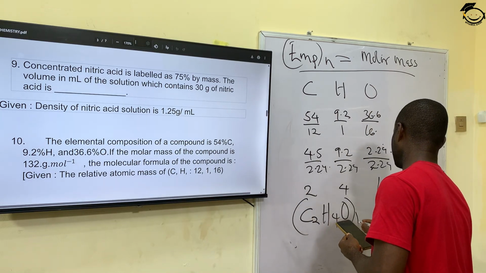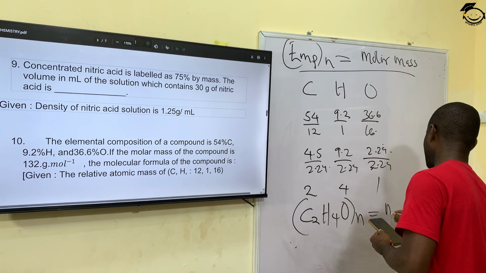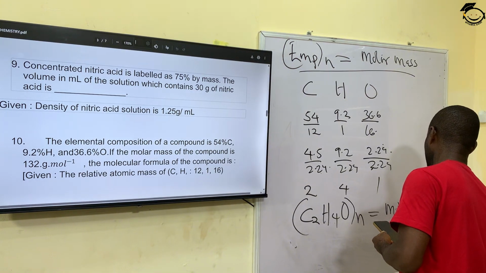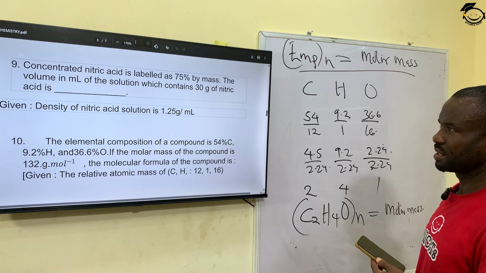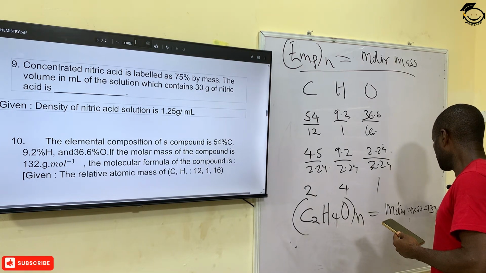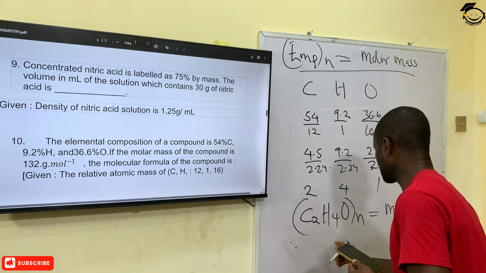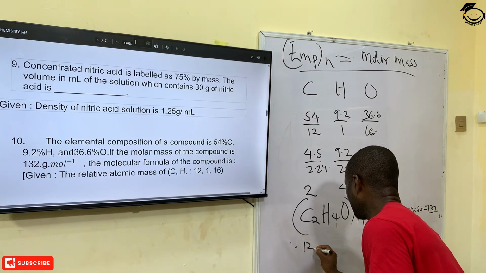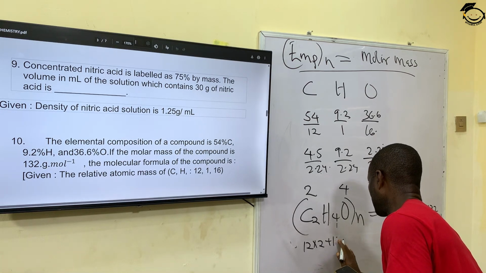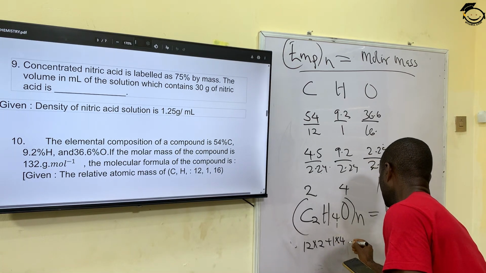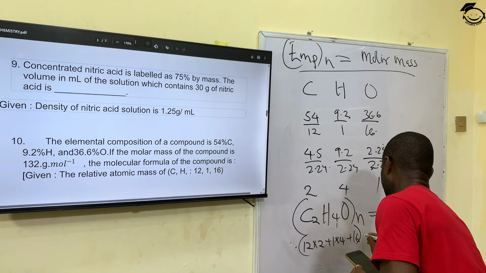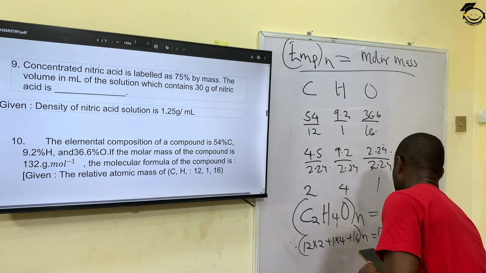Now, mind you, empirical formula multiplied by N gives us the molar mass, which has been given as 132. So in this case, summing all this together, we have (12 times 2 plus 1 times 4 plus 16) times N gives you 132.